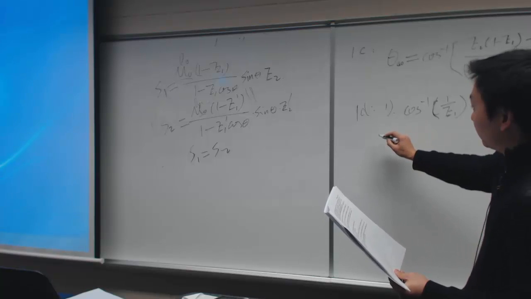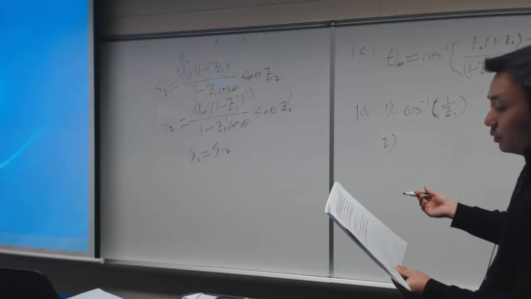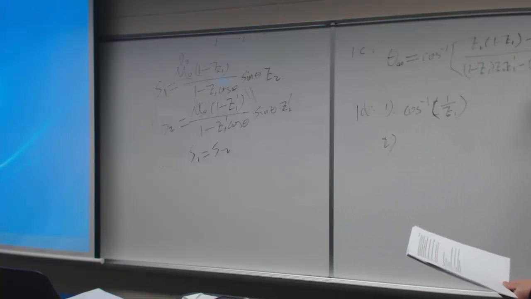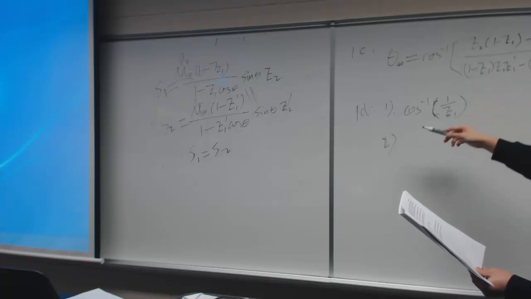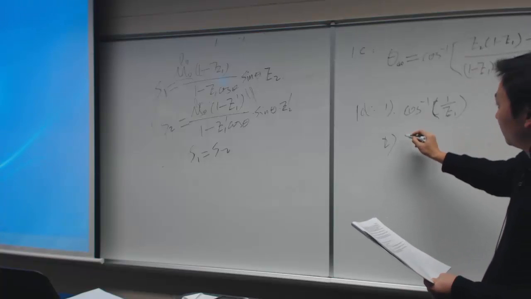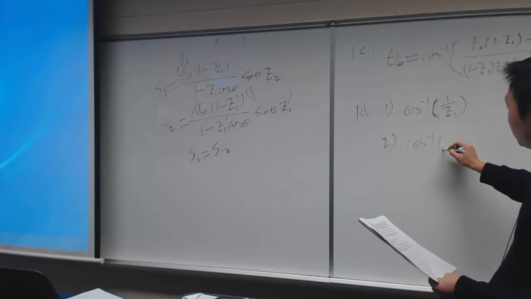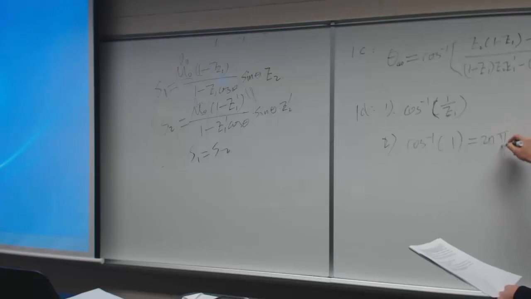And when T2 equals T2 prime, we just use E2 to replace the E2 prime, and we can come up with this one equals 1. So that means this theta is now cosine of minus 1, so it can be 2n pi.